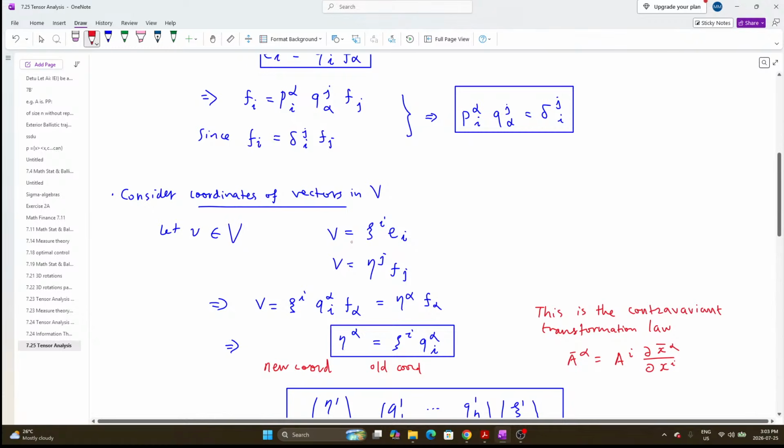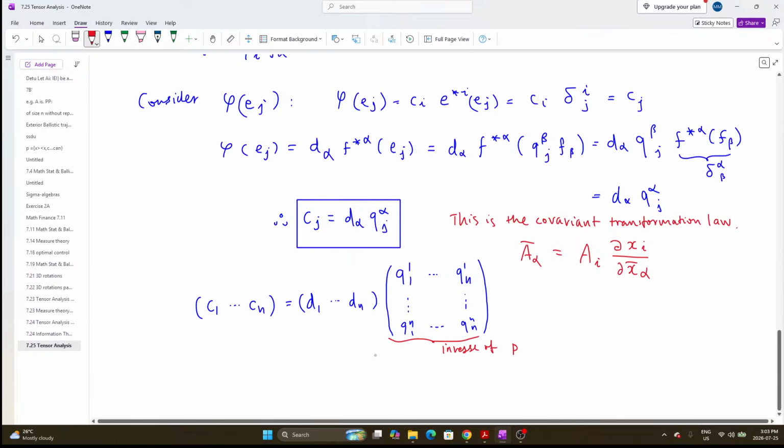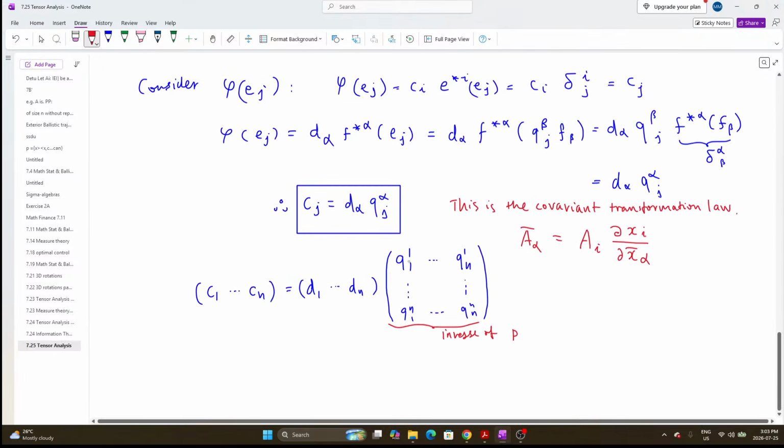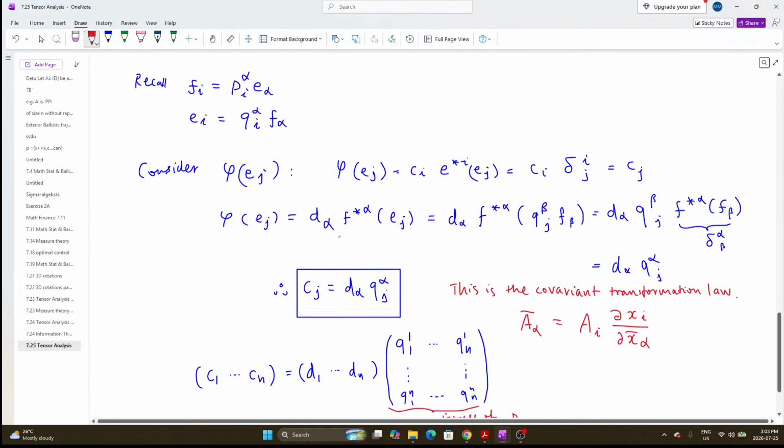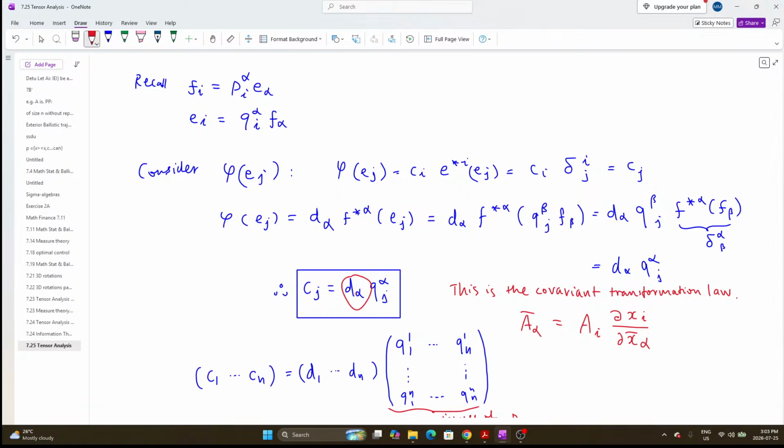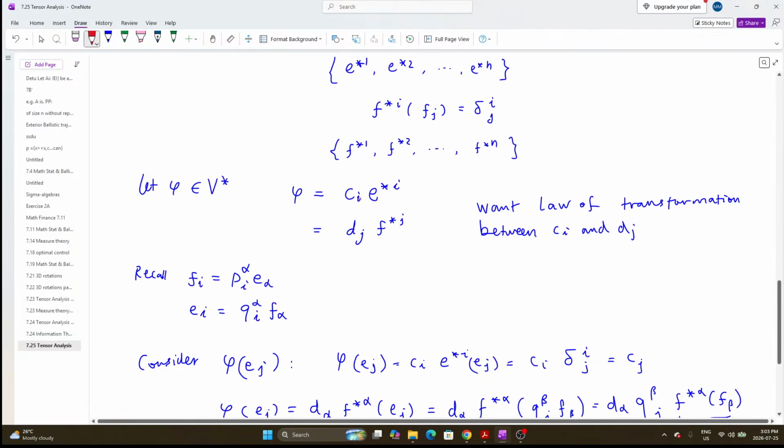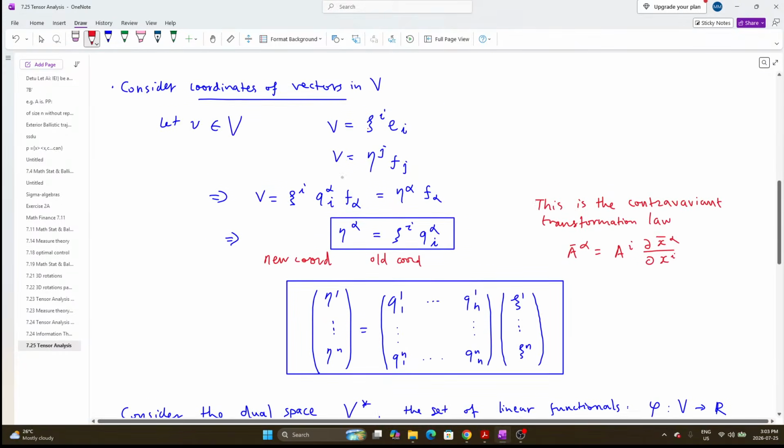Here, in the first relation, eta is the old, eta is new, right? Eta is new. Actually, oh, sorry. This is still correct, but no. I think what I wanted is to write dj. The d is the new coordinates, right? That's why. Okay.